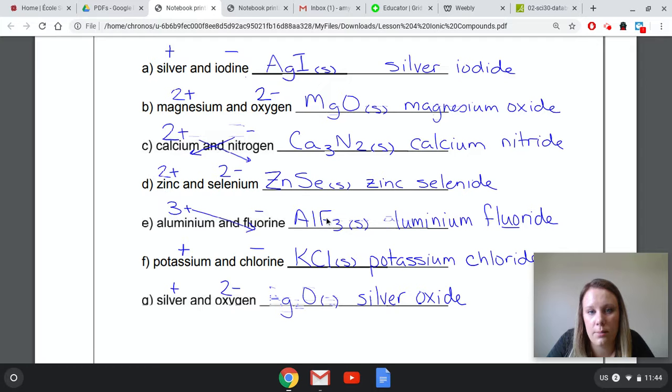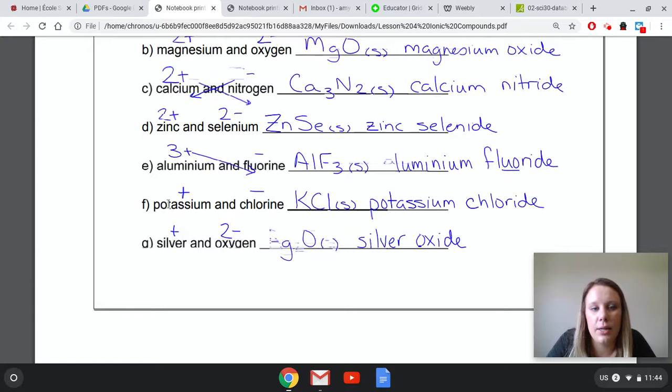So there you can see it behind fluorine. The secret 1 behind aluminum comes from the charge of 1 minus that fluorine has. Okay, put your solid and call it aluminium fluoride. And I've underlined this because lots of students like to write it as OU instead of UO. So be careful with your spelling.